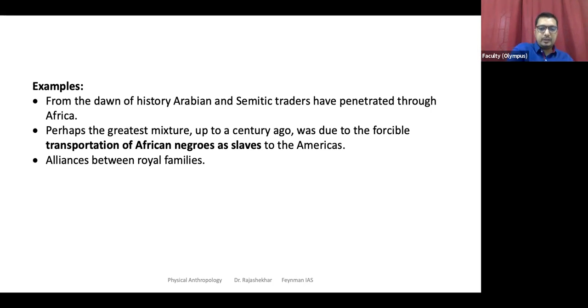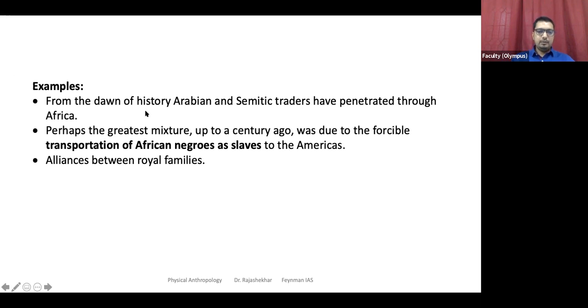Right? Africans being transported as slaves to Americas, that led to intermixing of them. Also, this is one example, African Americans.